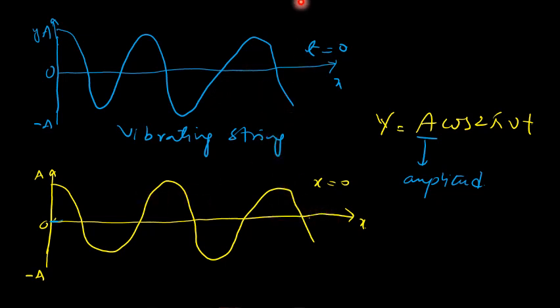So let's suppose, take another figure like this one. Here again we have a stretched string along the x-axis at t equals 0. Here we have a hand, and with the help of the hand we shake the string.